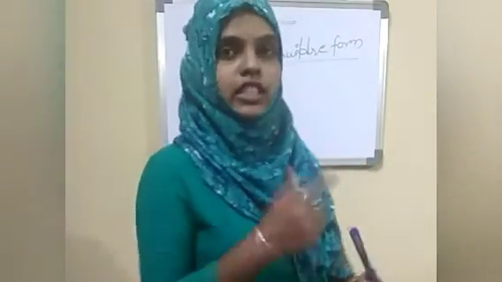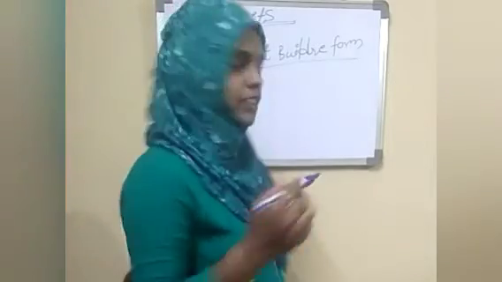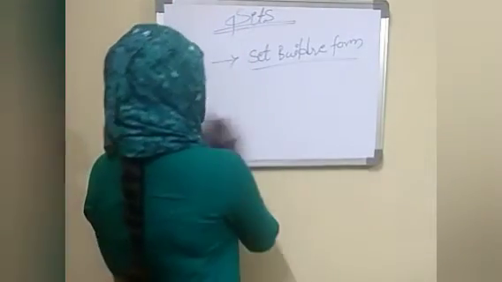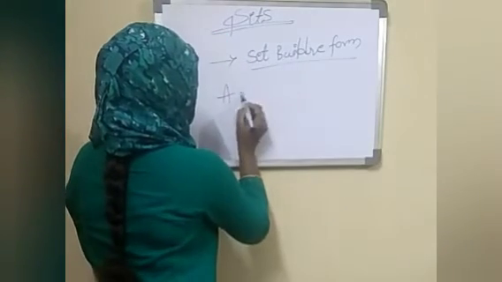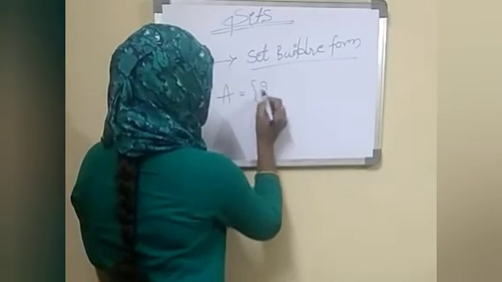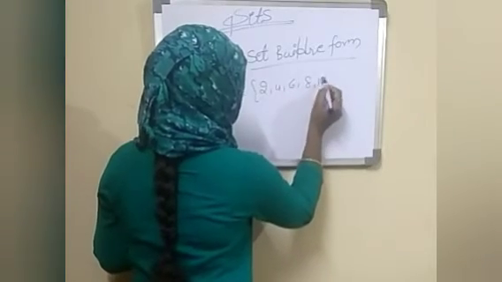Before going to a set builder form, we will see some symbols in sets. Here we have a set A is equal to 2, 4, 6, 8 and 10.